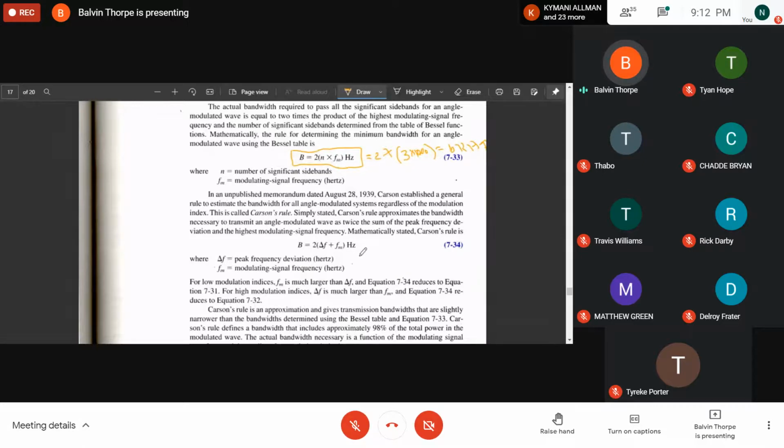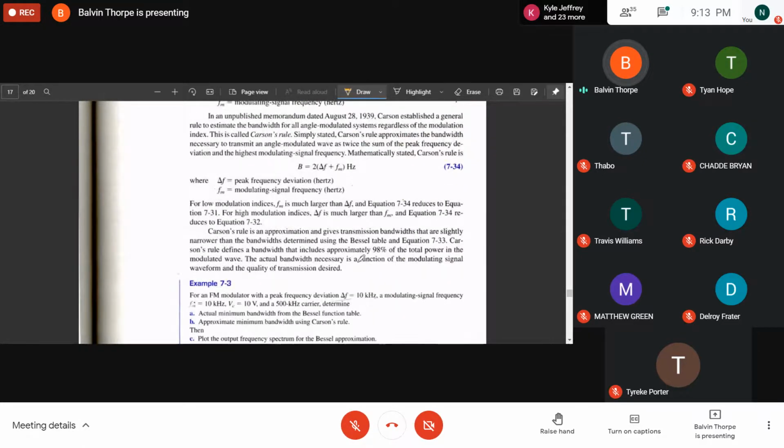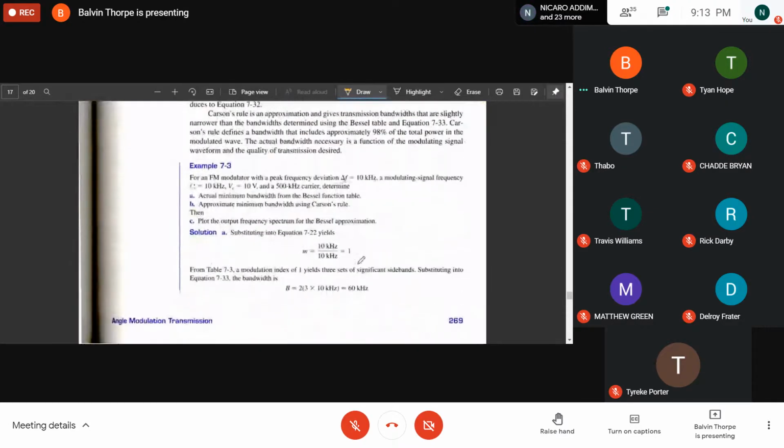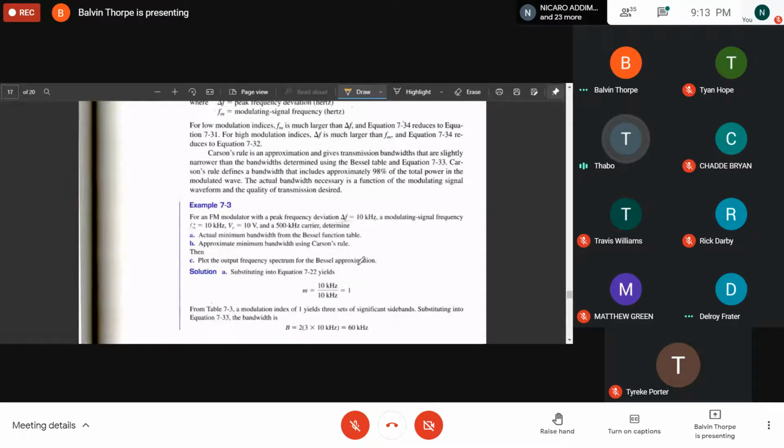Now, from what was given, what would have been our peak deviation? Go back on the graph. 3,000.